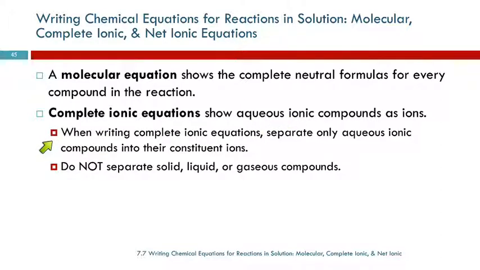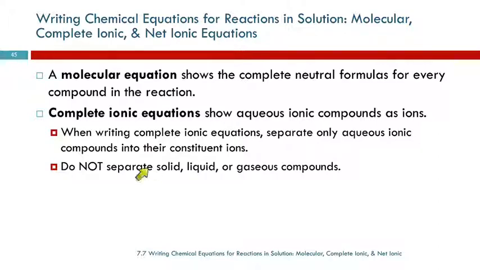When you're writing these equations, only separate the aqueous ionic compounds. So if you have an insoluble ionic compound like lead chloride, those guys get together, they're stuck to each other. They are not going to separate and mingle at that party. They're off in a dark corner somewhere on the bottom of the beaker, hanging out together. So we don't separate those.